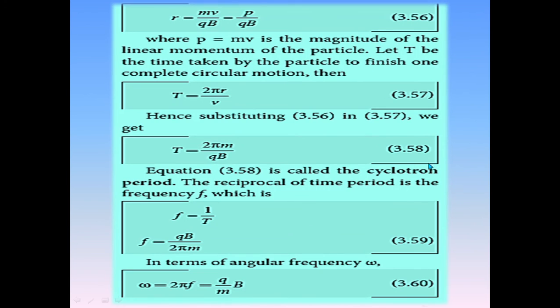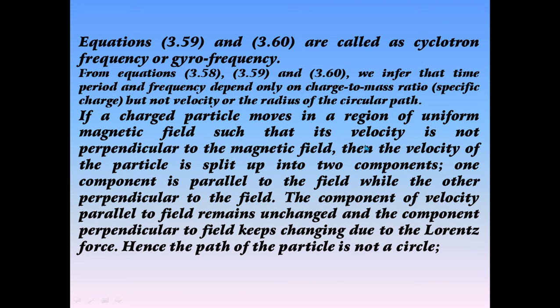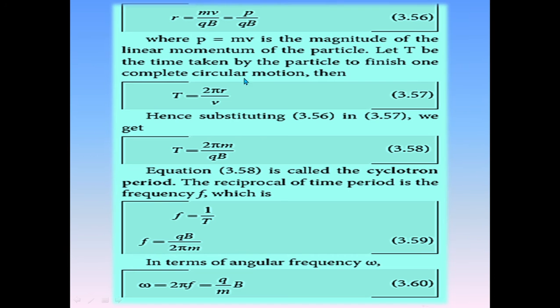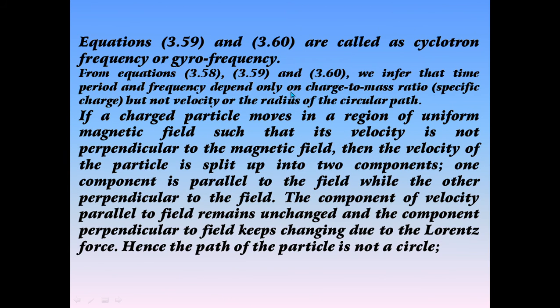Equations 3.59 and 3.60 are called the cyclotron frequency or gyro frequency. We infer that the time period and the frequency depend only on the charge to mass ratio, the specific charge, but not on the velocity or the radius of the circular path.